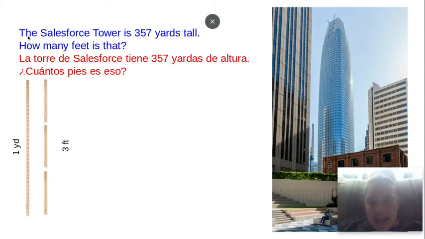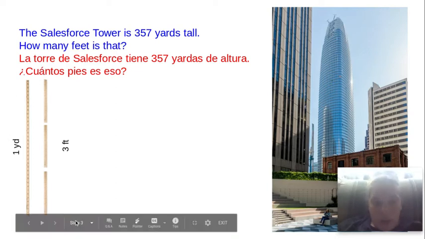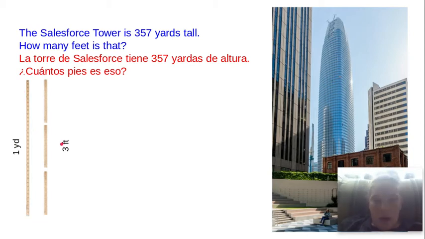Right here it says the Salesforce Tower is 357 yards tall. How many feet is that? Also wrote it in Spanish. So right here we have an actual conversion to show you: 1 yard equals 3 feet.